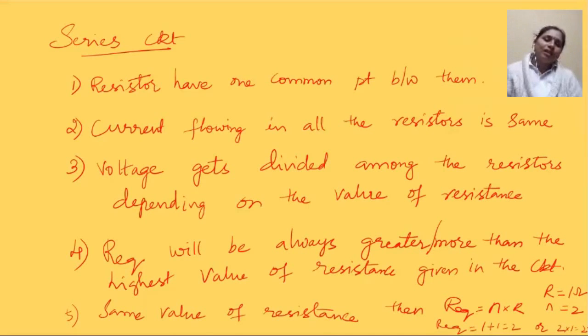So if there are resistors of the same value, the equivalent resistance is n times R. In the next session we are going to learn about Kirchhoff's current law. Thank you.